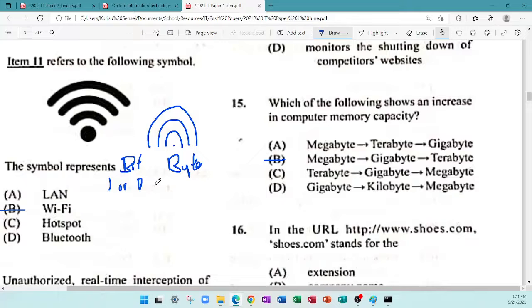The person who came up with all this, we're eating the same thing. So he took a bit, and that was either a 1 or a 0. And then when he combined 4 of them, that's a nibble. And when he combined 8 bits, that's a byte.